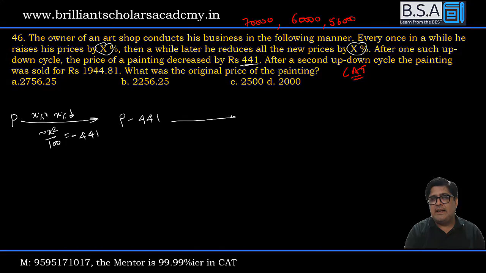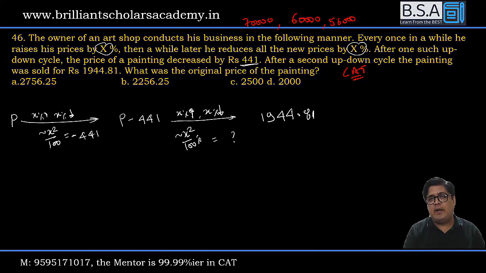Now he does the same thing. Increases X percentage, decreases X percentage. Now the price again decreases by X square upon 100 percentage, which is how much we do not know. But the final price is 1944.81. That is the final price.